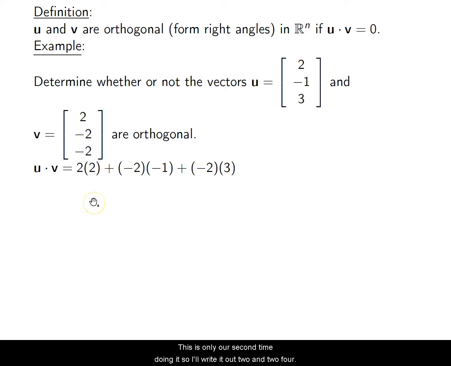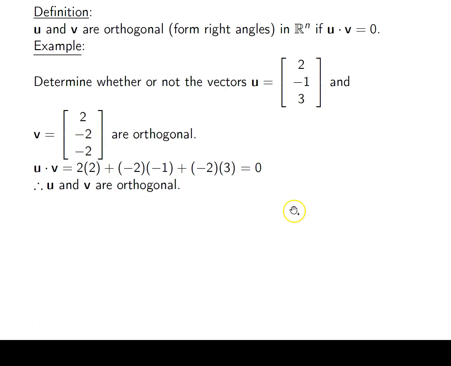But this is only our second time doing it, so I'll write it out. 2 and 2 is 4. -2 and -1 is 2. -2 and 3 is -6. So what do I get? 4 plus 2 is 6, and a negative 6, so that's 0. That means if I were to graph these in 3 dimensions, they would have a right angle between them. So they are orthogonal vectors.